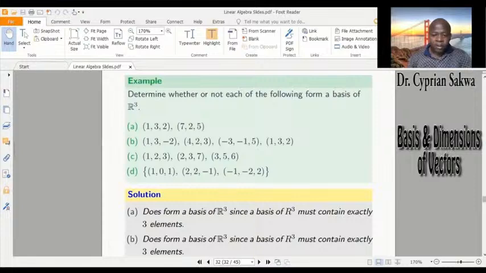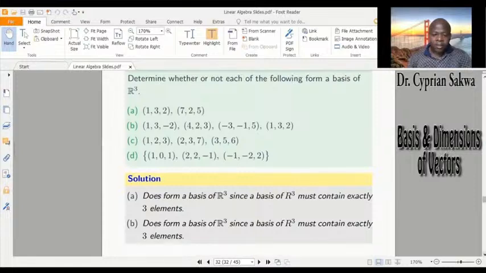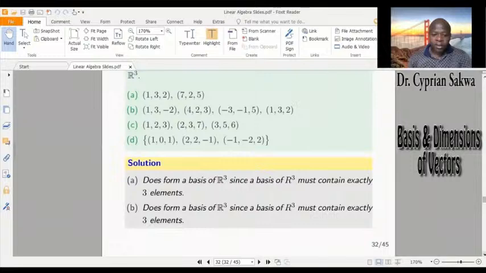So that's what I've said here, that A does not form a basis of R3, since a basis of R3, and this is R3, I have not written it properly here, it's supposed to be R3, must contain exactly 3 elements. But this has 2.